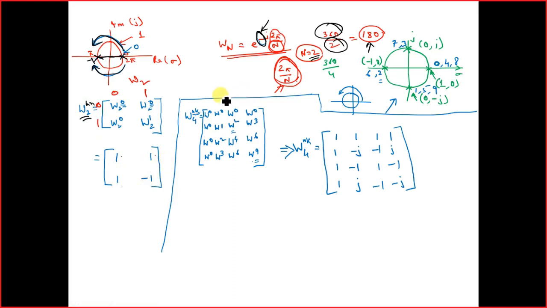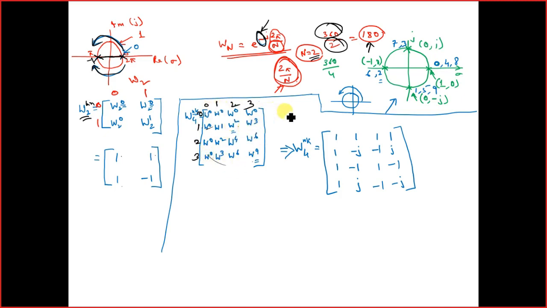Similarly, if you have to calculate the 4-point twiddle factor, it will be W_N^kn with N=4. So we will have 0, 1, 2, 3 and 0, 1, 2, 3. So W0 is W0, W0, W0, W0, then 1, 2, 3, because 1 multiplied by 0, 1 multiplied by 1, 1 multiplied by 2, 1 multiplied by 3, and so on.